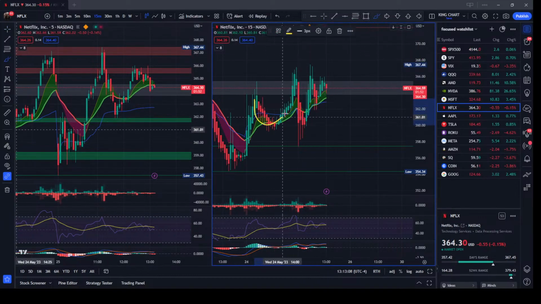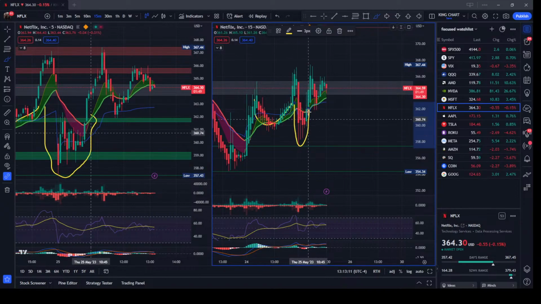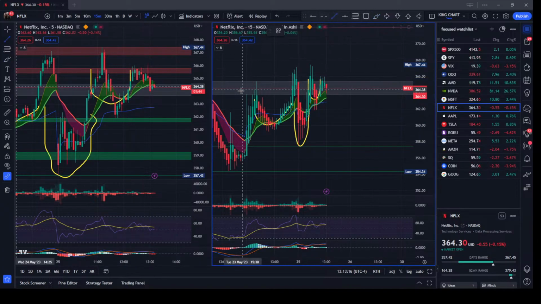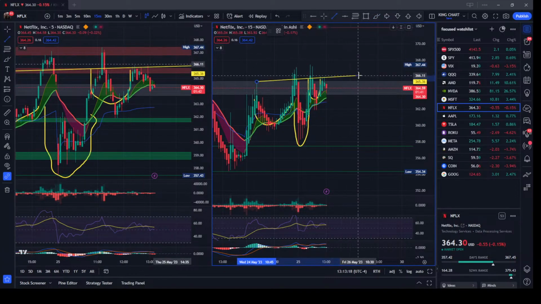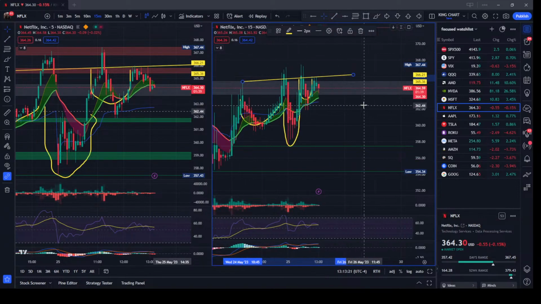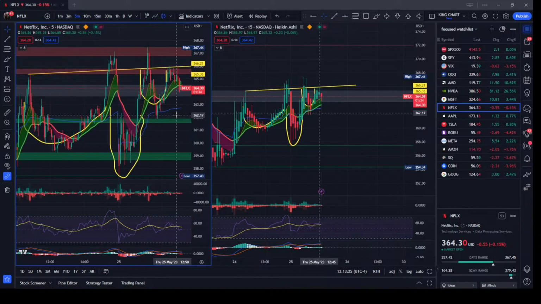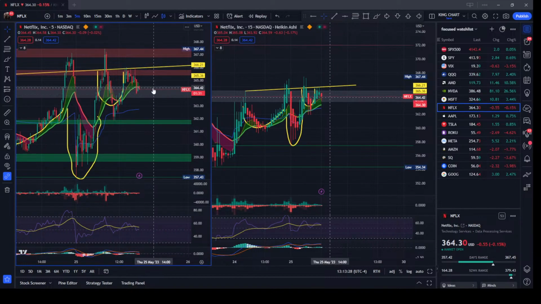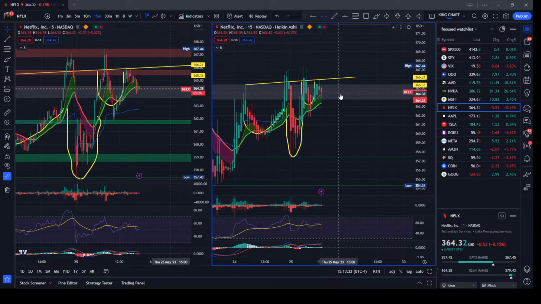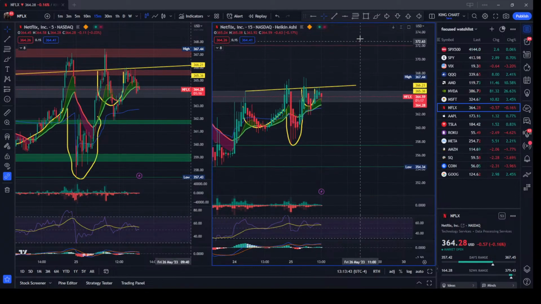I can kind of see a head here, head here, left shoulder here, and a right shoulder that formed. So we could actually see a breakout over this point here. That'll be our neckline. Not such a bad play, as long as we're in this supply zone and we break above it. So most likely we break above 365.41, which is the top of that supply zone. We should see some nice highs.